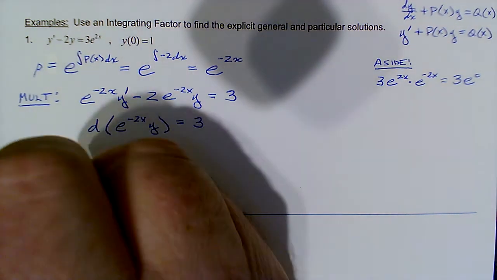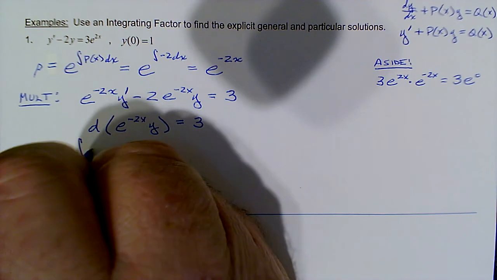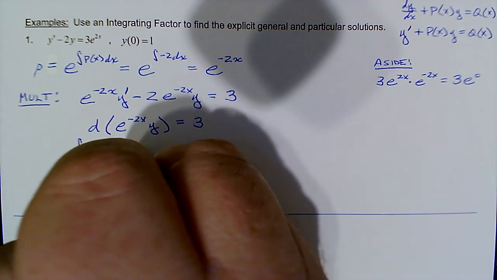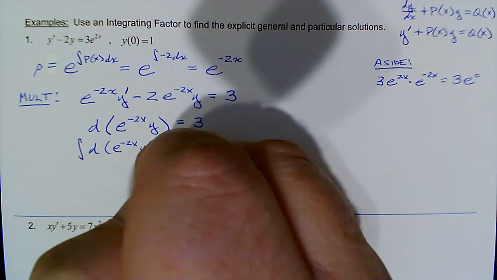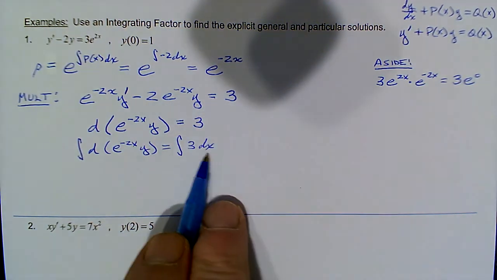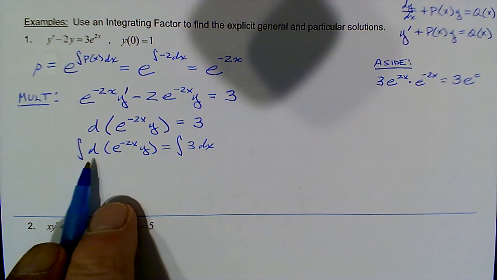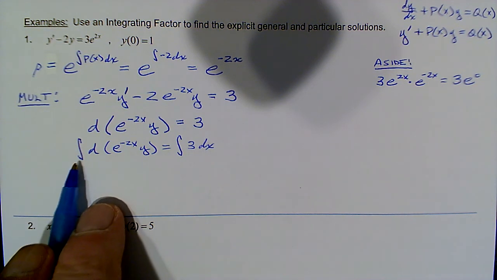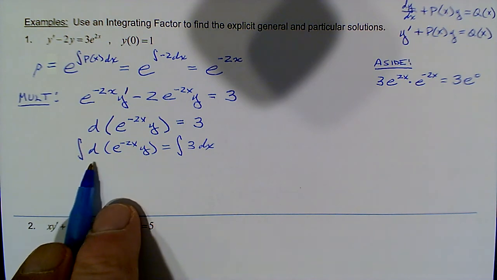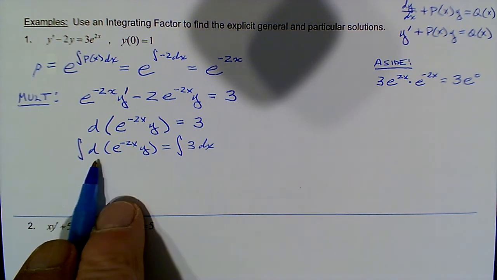Now, you could throw the integration symbol in front of each side if you wanted to. If you do, make sure you include the differential dx on the right. But then on the left, the integral of the derivative of something, integration is anti-differentiation.